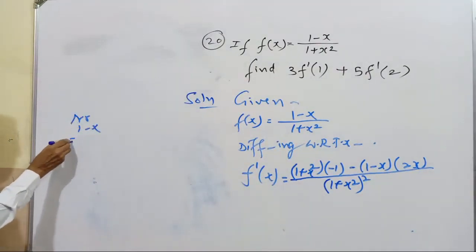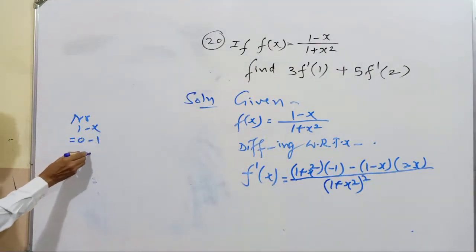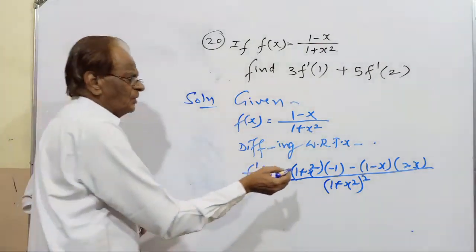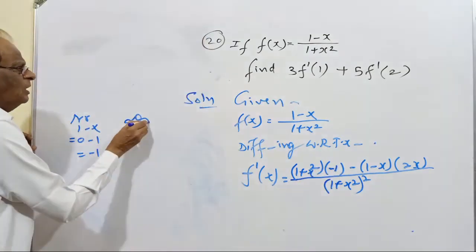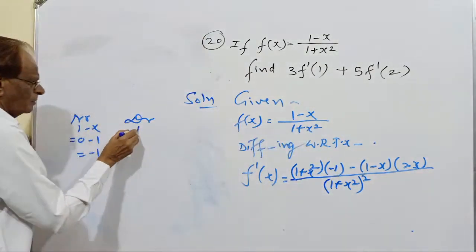Numerator is 1 minus x. 1 differentiation 0, x differentiation 1, so numerator differentiation is minus 1. Denominator is 1 plus x squared.